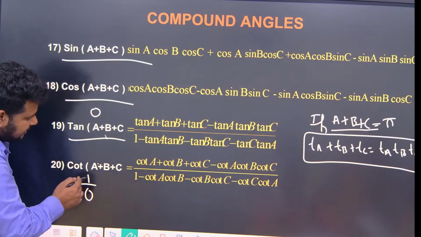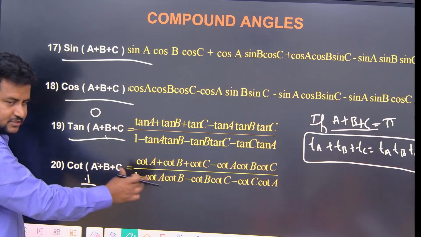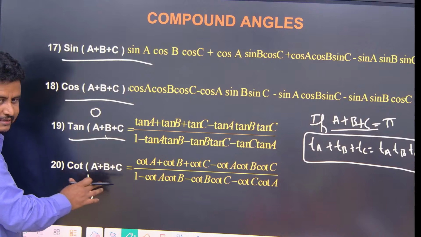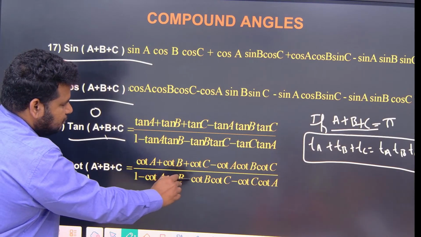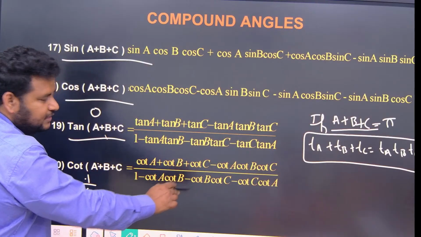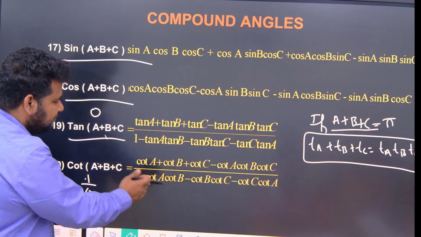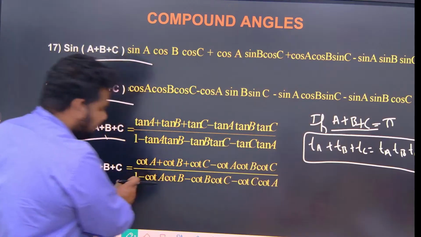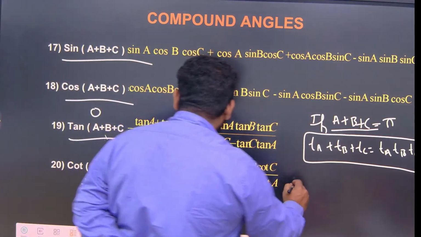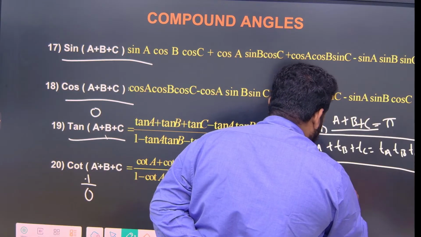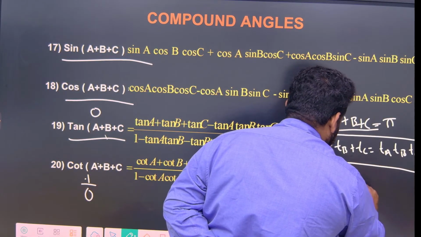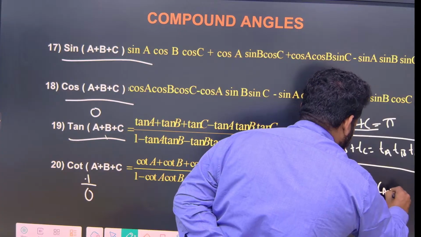This denominator, if I multiply, everything will be equal to 0. So that is 1 minus cot A cot B minus cot B cot C minus cot C cot A is equal to 0. If I send all this to one side except one, we will have cot A cot B plus cot B cot C plus cot C cot A is equal to 1.